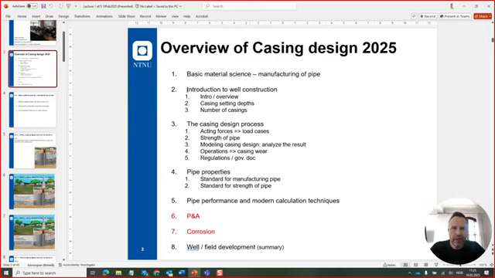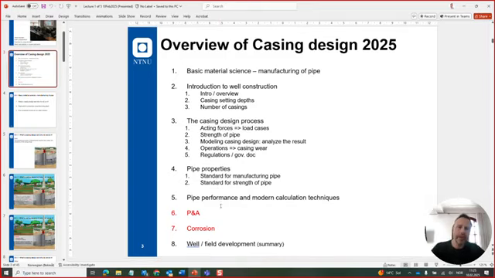The next class will be an introduction to the well construction process and talking about the casing setting depths and so on, casing design process, pipe properties and the manufacturing, of course, like just mentioned, pipe performance and modern calculation techniques.